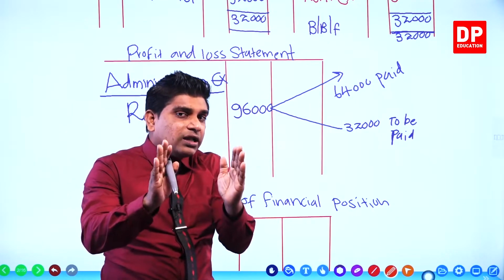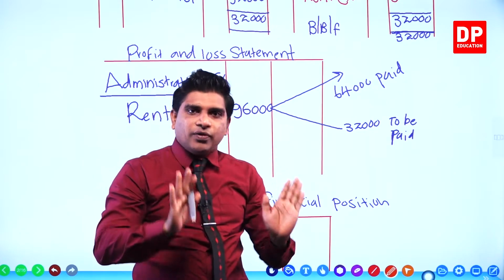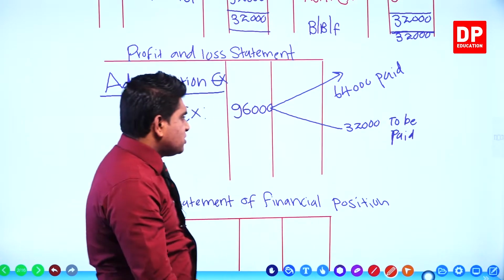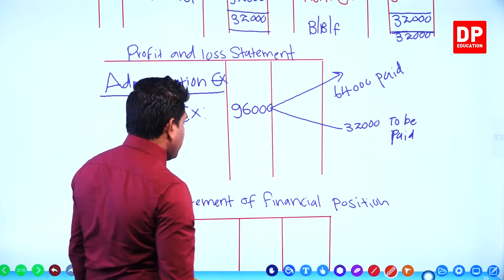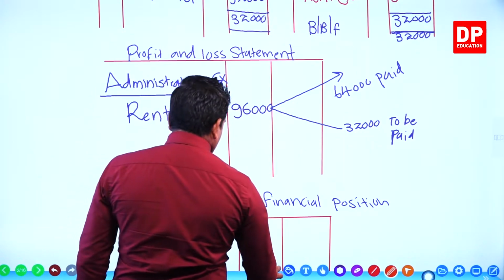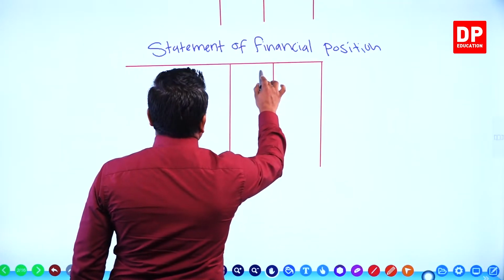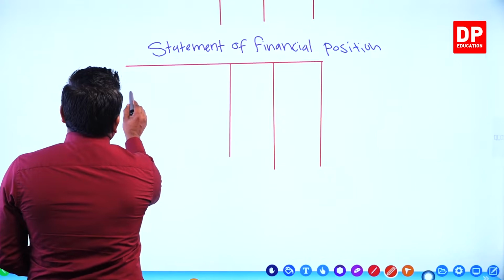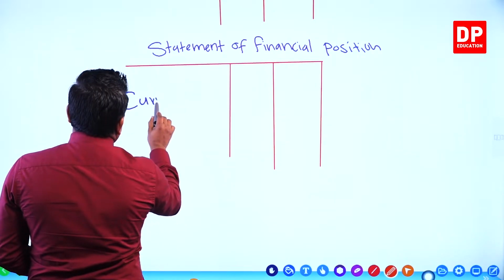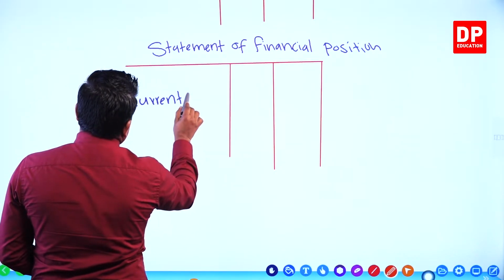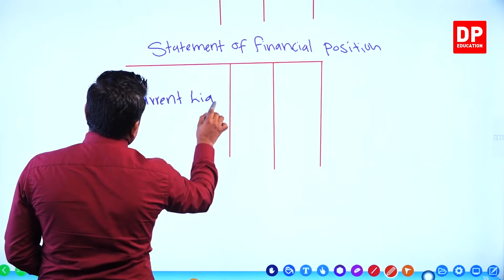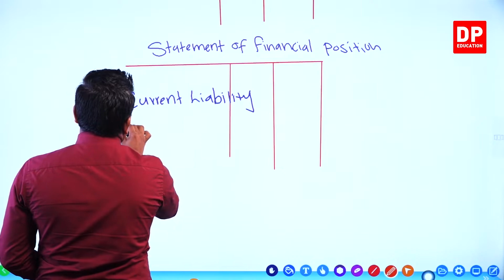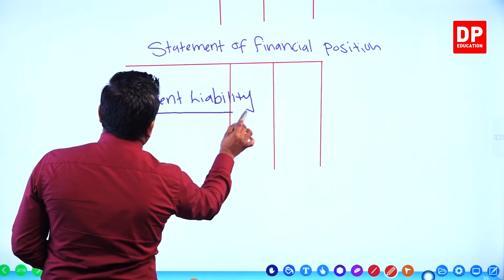The total amount you write in the profit and loss statement. Only the to-be-paid expense, that is 32,000, we write in the statement of financial position under the current liability. You think this is the area of the current liability? Under the current liability, what do we write here?